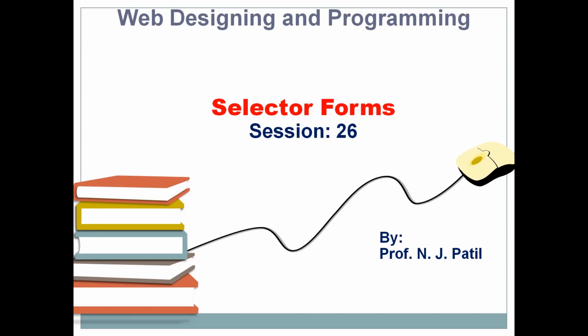Now, a selector is a tag name or a set of tag names to which we want to apply some formatting details or presentation details. We have seen selector forms in the document level style sheet and the external style sheet.